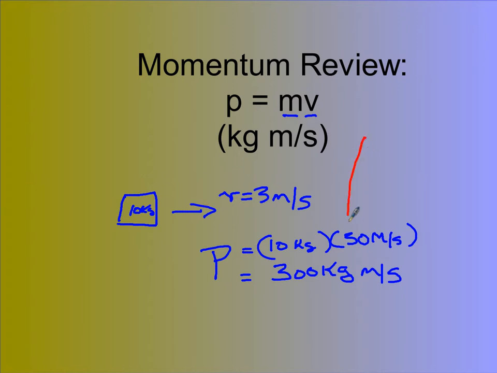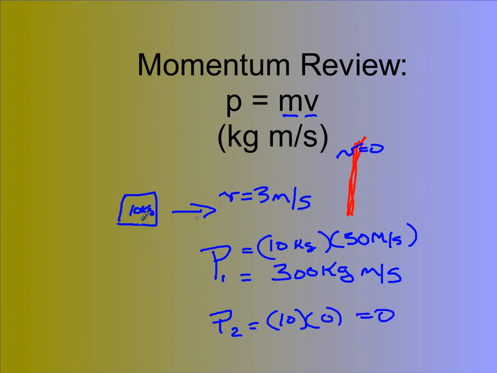Let's suppose I have this same block, traveling along at a nice happy speed, 3 meters per second, and it hits a brick wall. Clearly, at the brick wall, its final velocity is going to be 0. So the momentum after it hits the wall is going to be its mass times its final velocity, which is 0.